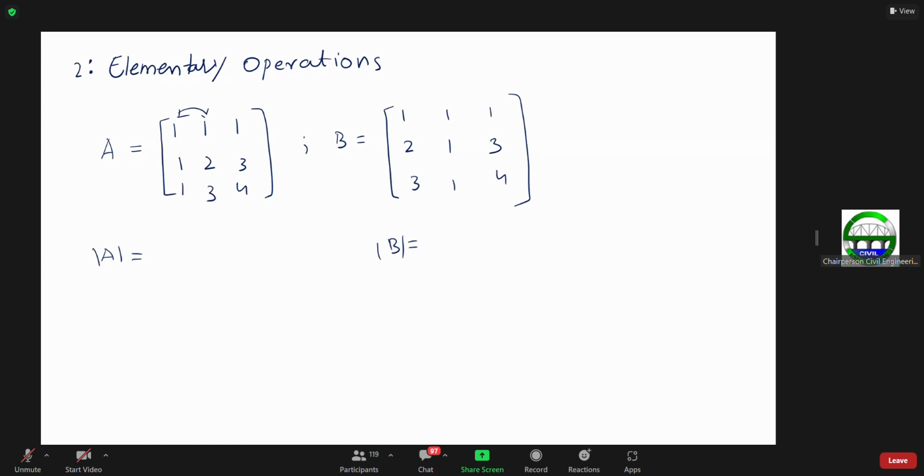Is the answer the same? Can anyone tell me? Find the determinant. Minus 1 and 1.